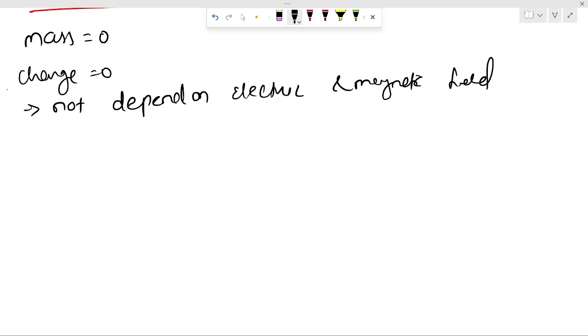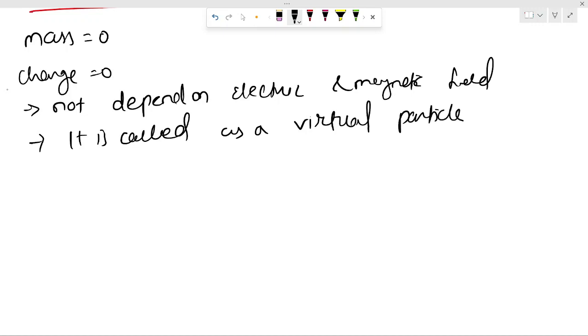Understood? And one more property is that it is called a virtual particle, and its energy is generally given by pc.